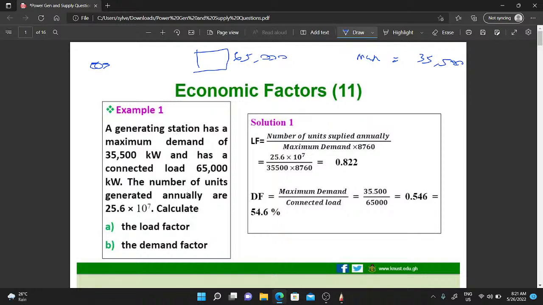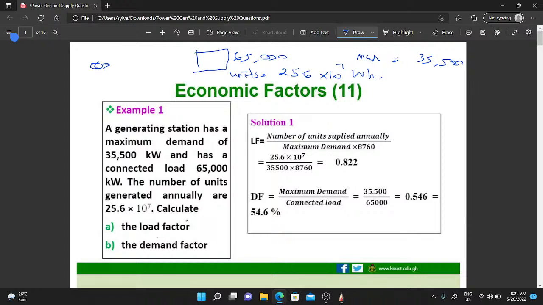The number of units generated annually is given by 25.6 by 10 to the 7. I think it's in watt hours.